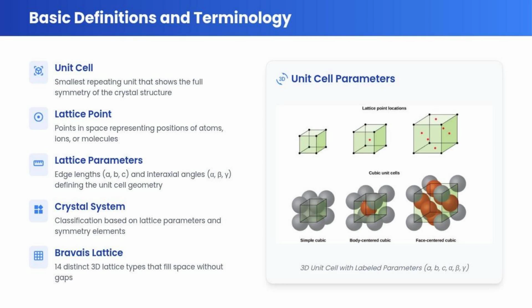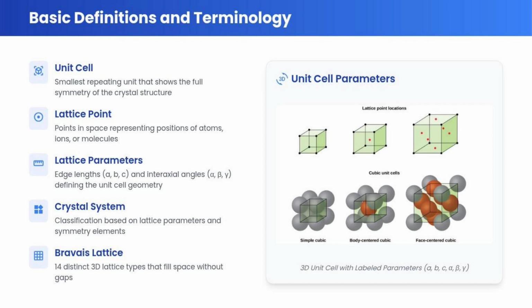To speak the language of crystallography, we need a few definitions. The unit cell is the smallest repeating unit that shows the full symmetry of the crystal structure. We identify lattice points as the specific locations in space where atoms or molecules sit. To describe a unit cell's geometry, we use lattice parameters.